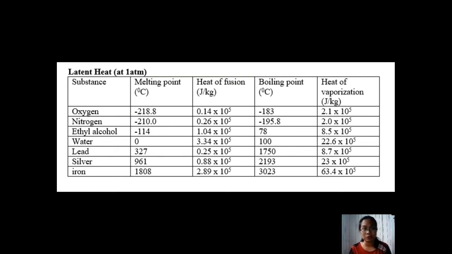But when we use the heat of vaporization, the phase change involved will be from liquid to gas and then from gas to liquid. As we solve problems, you will understand these concepts better, whether you are going to use latent heat of fusion or latent heat of vaporization, or whether you are going to use positive or negative. So let's solve problems.